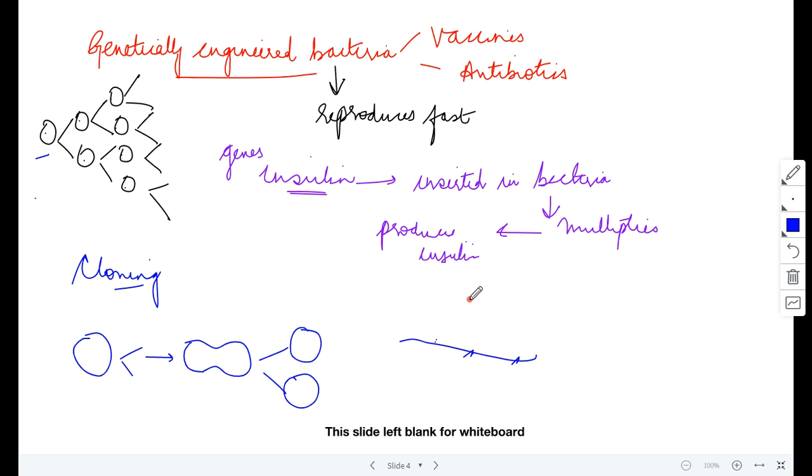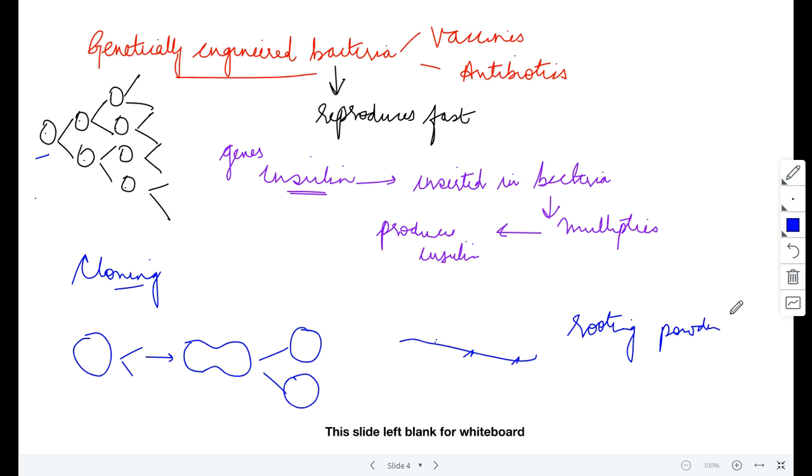Sometimes you take the cutting and dip it into a special chemical, a powder called rooting powder, to encourage the cutting to grow roots.